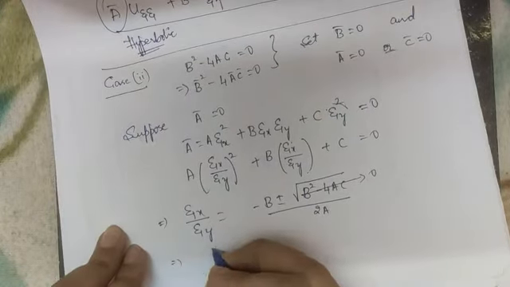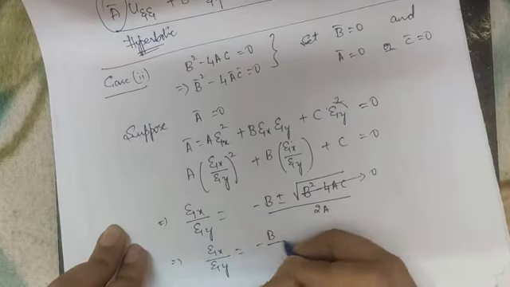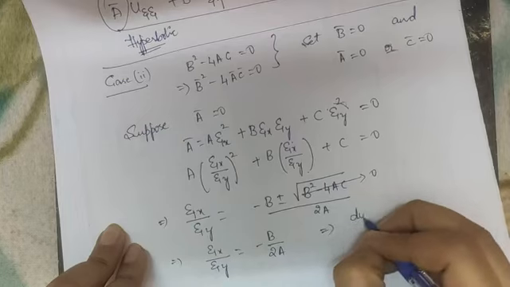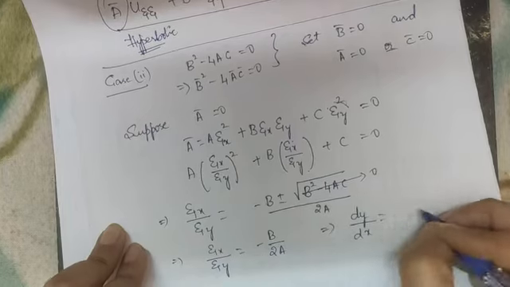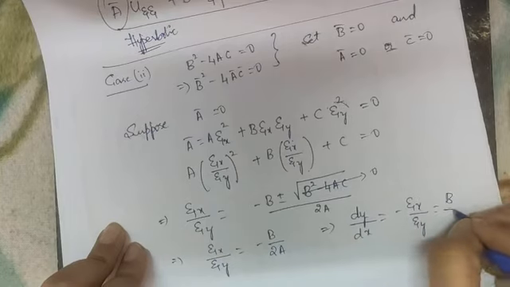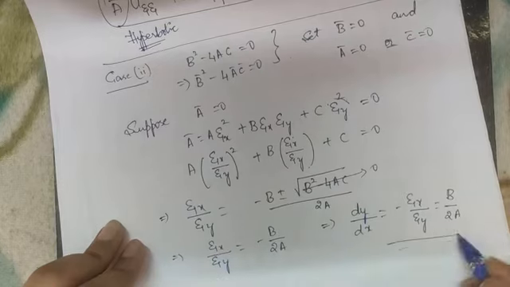So we get xi_x by xi_y as minus b by 2a. This is nothing but dy by dx is equal to minus xi_x by xi_y, which is equal to b by 2a. I can write this in this form.